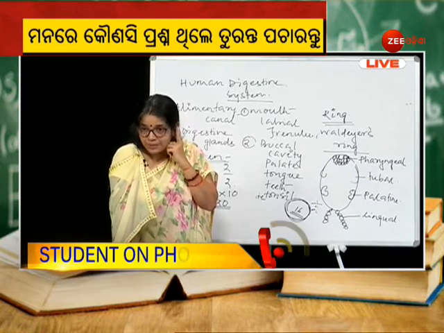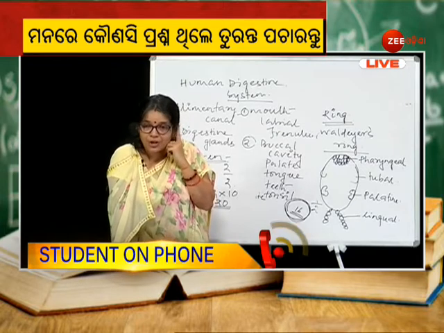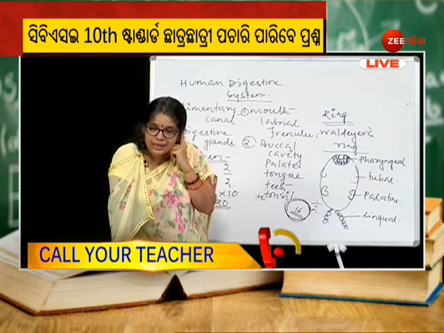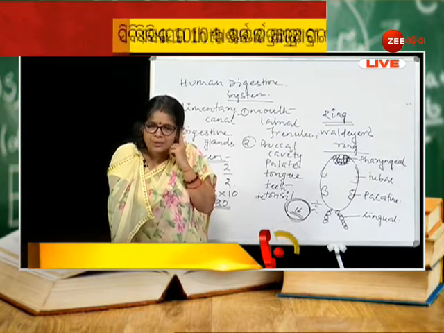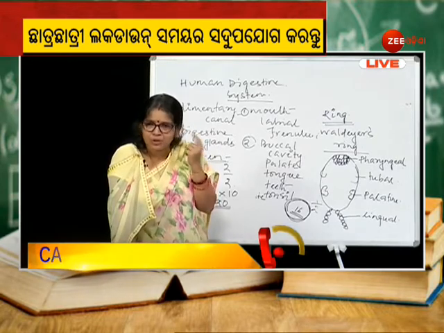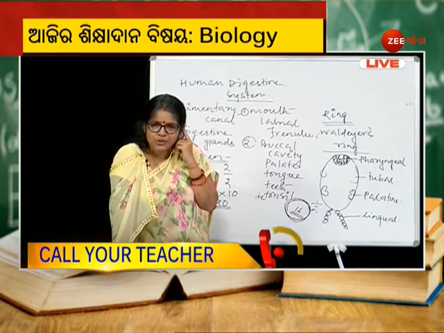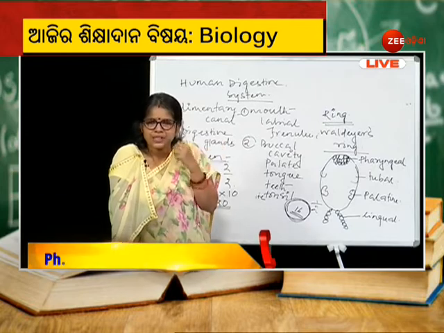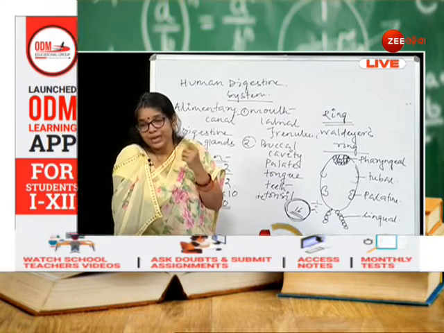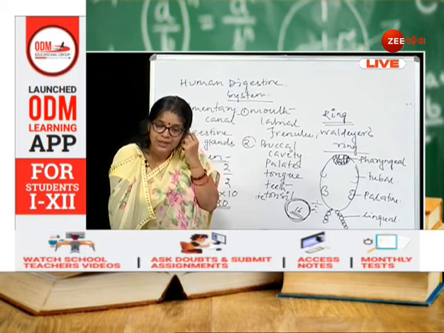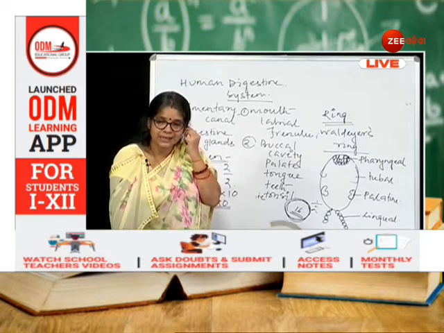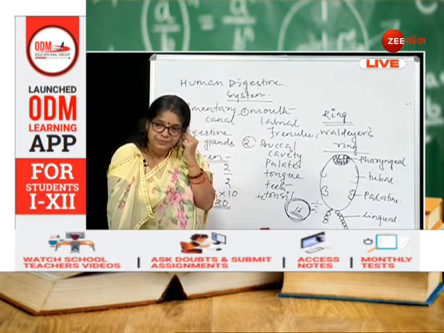Why is that long? Because maximum absorption is done within the small intestine. When the food enters the large intestine, only some amount of water and minerals and some amount of drugs get absorbed. So there are no nutrients present within the food when it enters the large intestine. As maximum digestion and absorption is completed within the small intestine, it is longer.